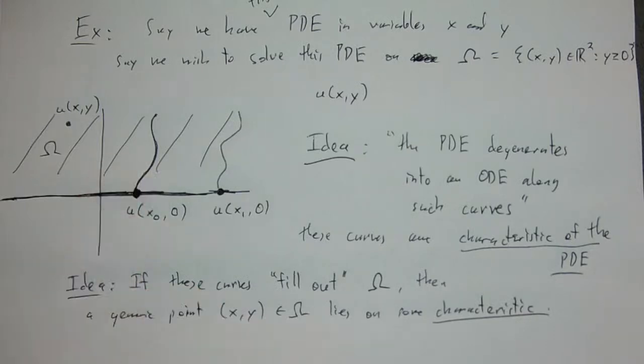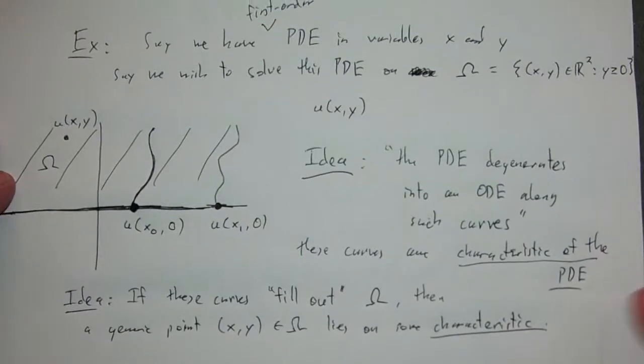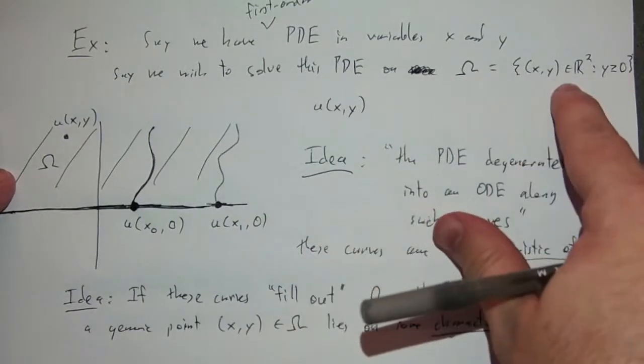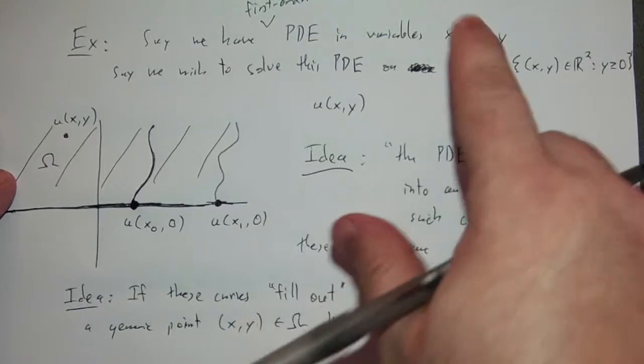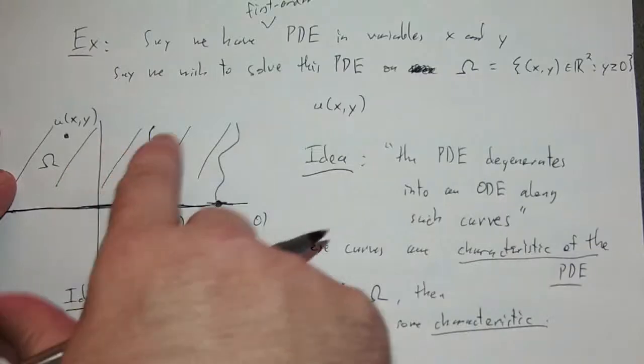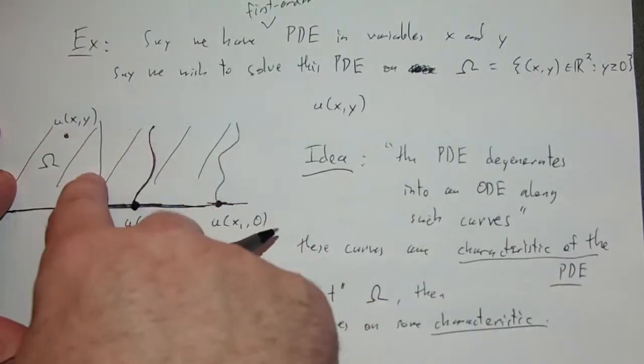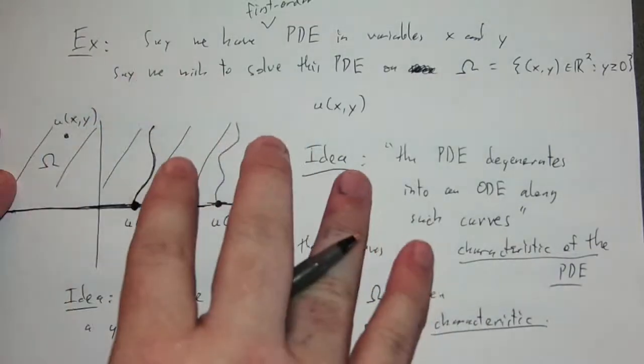Now, this picture might look a little bit weird to you at first because, as you'll notice, we have a two-dimensional region, omega. And so our u of x, y is actually defined on this region.